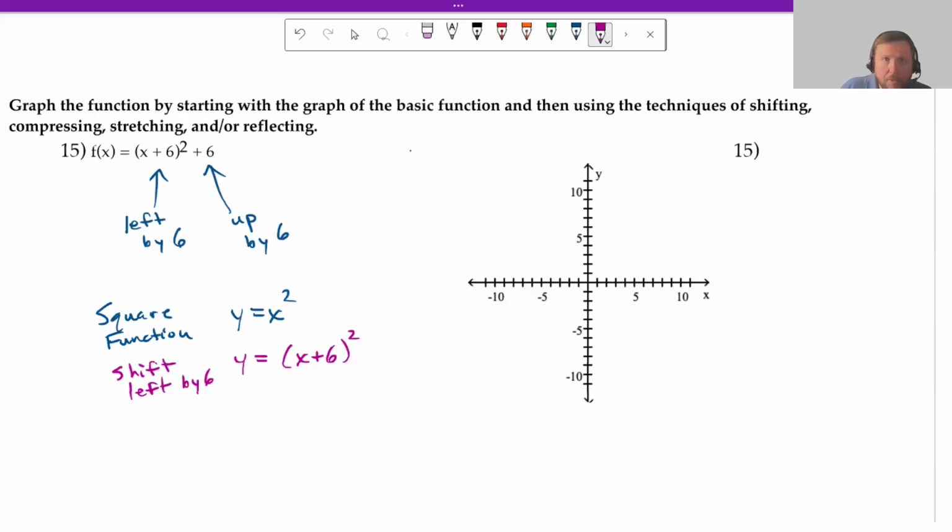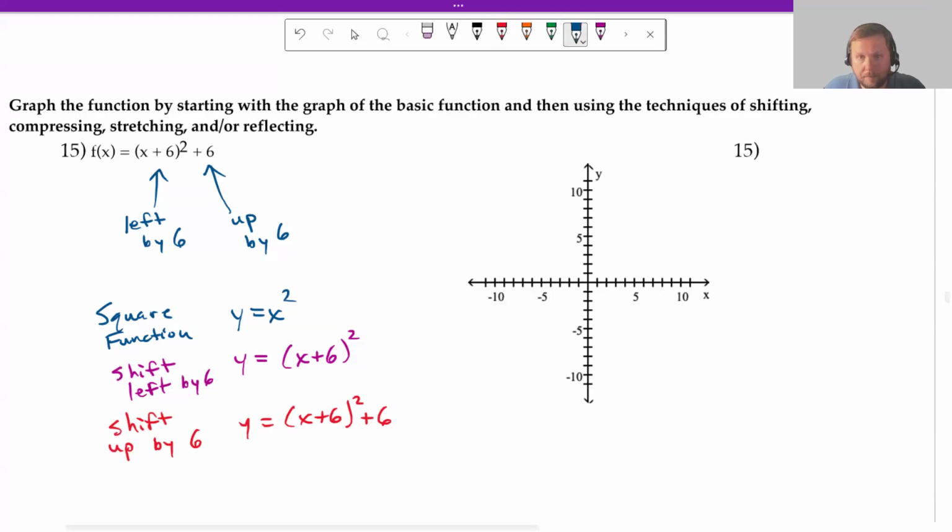And then we're going to do, for our last one, the shift up by 6. Okay, let's zoom in and take care of it. If I can find my pointer here.